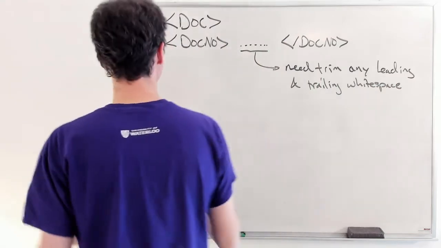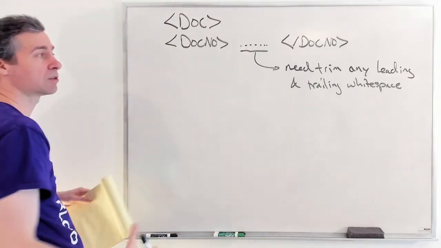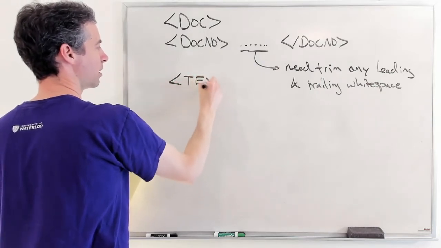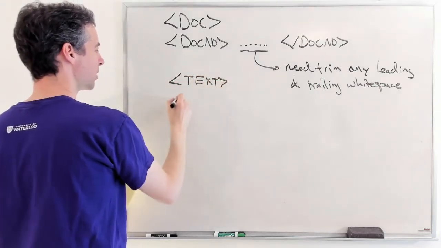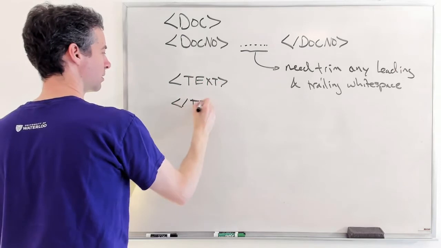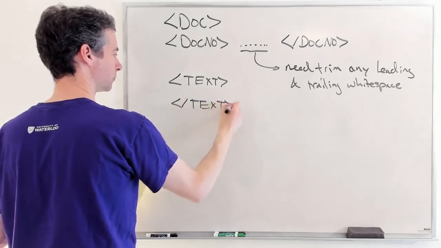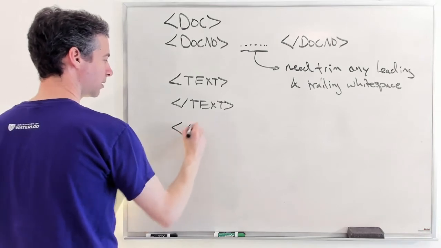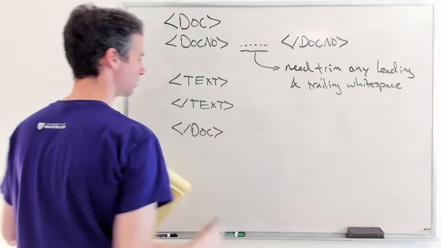All right. And then there'll be other tags you'll see in them. And eventually, as I said, you're going to see a text tag in here. In most cases, most documents have a text tag in them. And then you're eventually going to find that there's a line that has the ending doc tag on it.